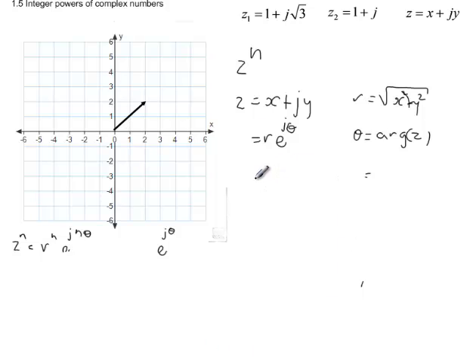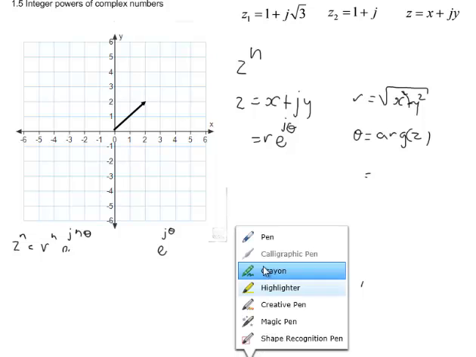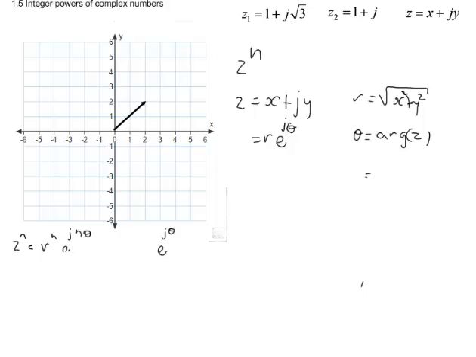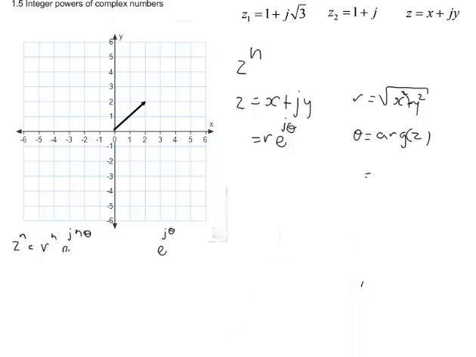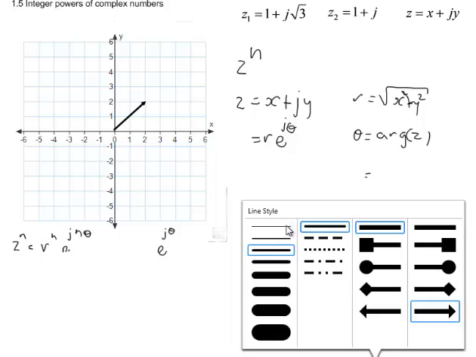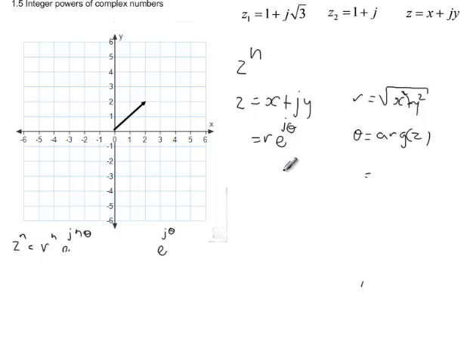Just take z1. z1 is equal to 1 plus j square root of 3.